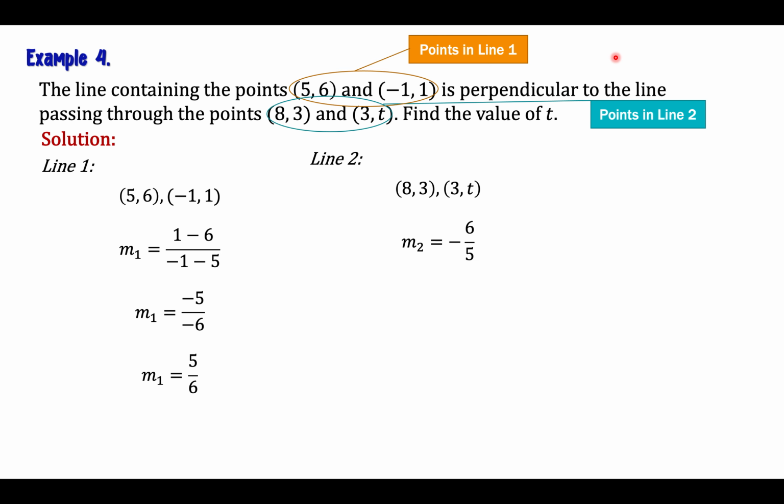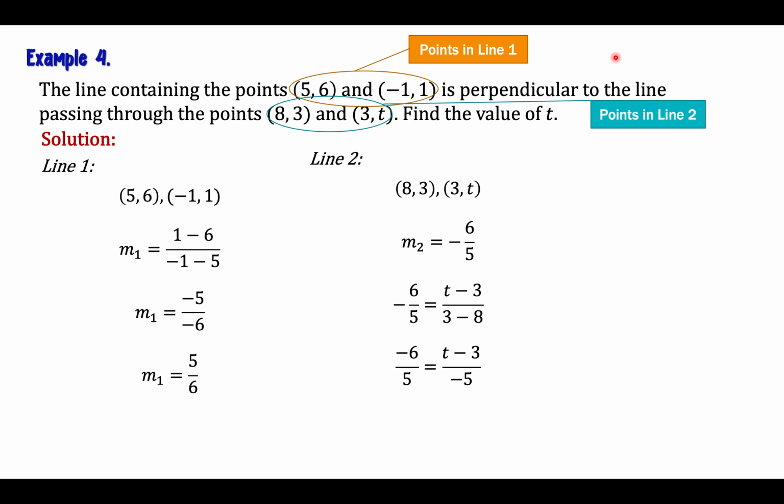Therefore, it should be -6 over 5. So -6 over 5 should be equal to the change in y over the change in x here, so t minus 3 all over 3 minus 8. Simplifying, we have -6, I just put the negative sign on the numerator, over 5 is equal to t minus 3 all over -5.